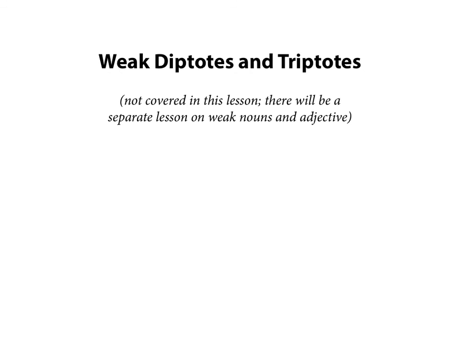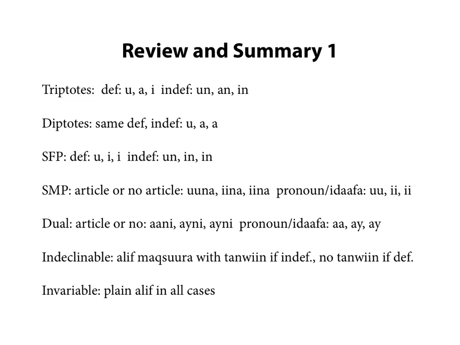So to review the vowel patterns very quickly, the triptote pattern, the basic pattern, is definite u, a, e, indefinite un, an, in. Diptotes are the same definite u, a, e, but indefinite u, a. Sound feminine plural is u, e, un, in.